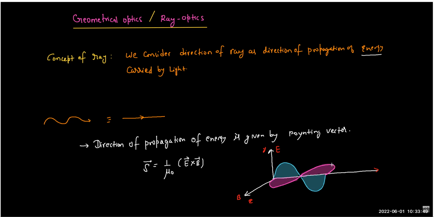Then the direction of propagation of energy will be E cross B, which is the x-axis.